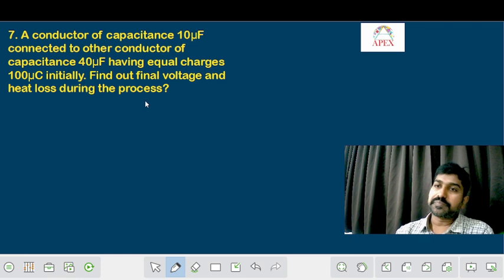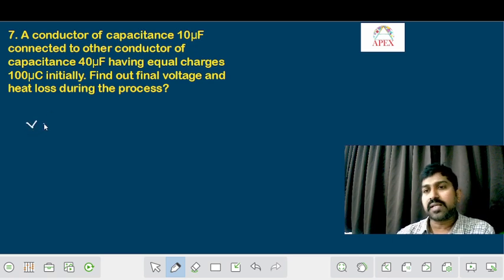Next one. A conductor of capacitance 10 microfarad is connected to another conductor of capacitance 40 microfarad, having equal charges of 100 microcoulomb initially. Find out the final voltage and the heat loss during the process. Final voltage means when two capacitors are connected, what is the final voltage?